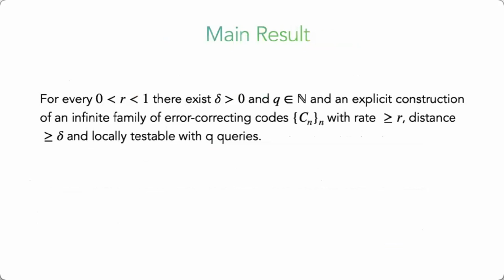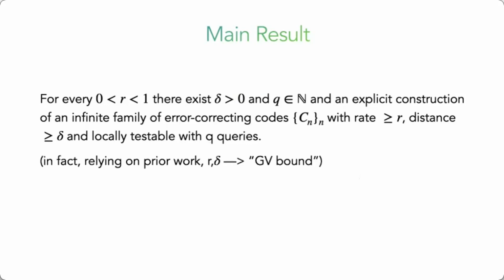Okay, and so this is the main result of this work. It says that for every rate, where the rate is how many code words you fit, for every rate between 0 and 1, there exists some distance delta, and a constant Q, the number of bits you're going to read, and an explicit construction of locally testable codes. So error correcting codes with rate R, distance delta, and testable with Q queries.